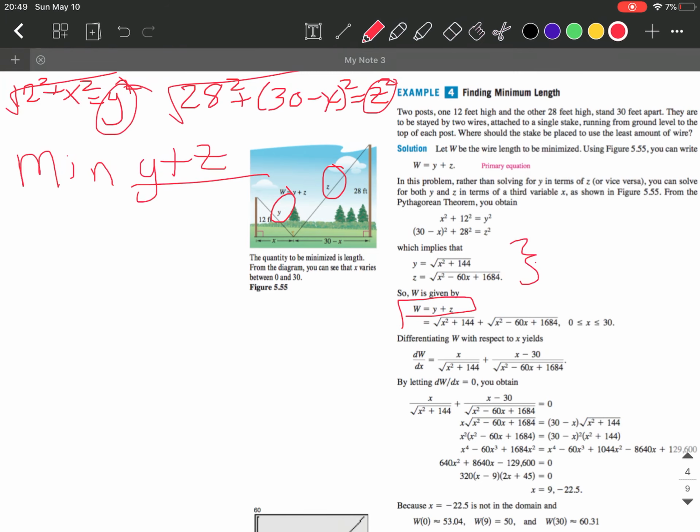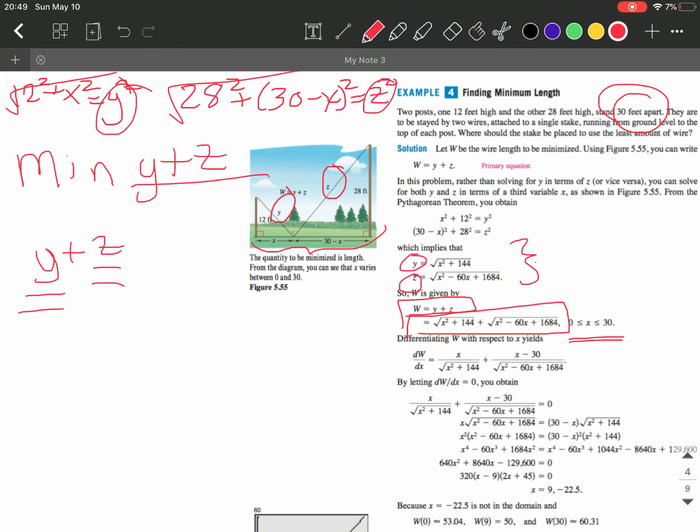Now they took y plus z, which is the amount of wire, and substituted what y is equal to and what z is equal to, and they got this. And we know that x has to be less than 30 because the posts are 30 feet apart. So x cannot be greater than 30, that makes no logical sense.